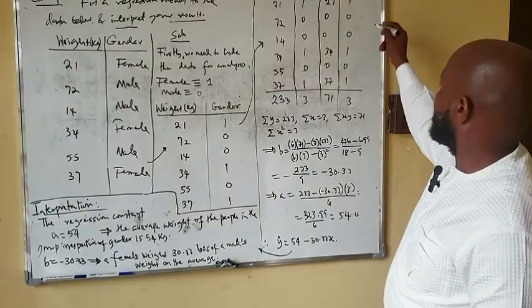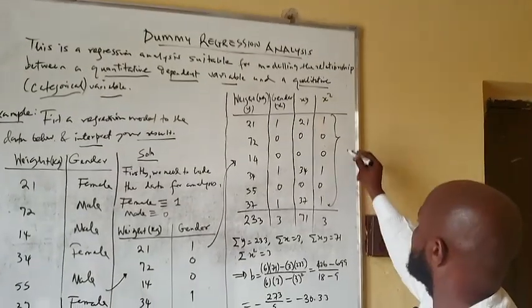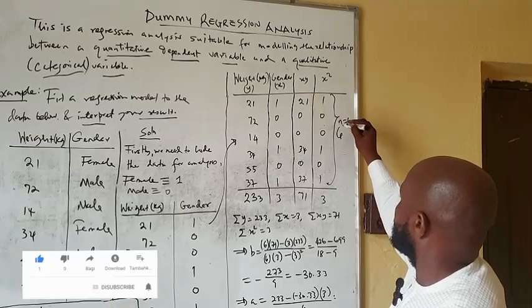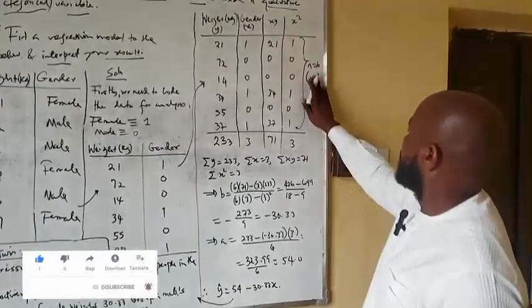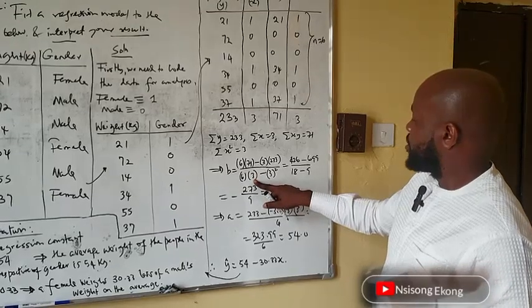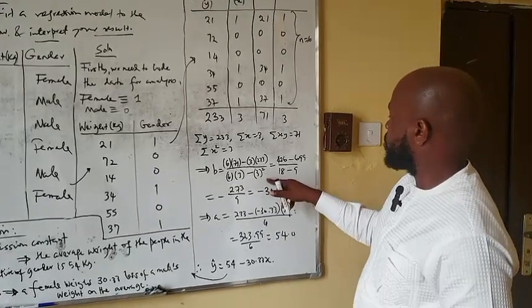Here n is just 6, the number of samples we use for this particular analysis.